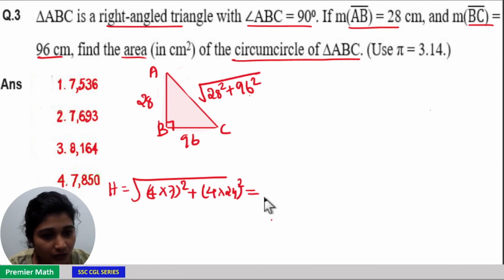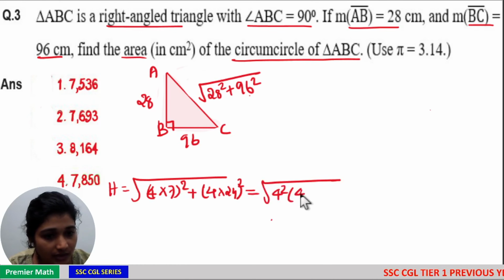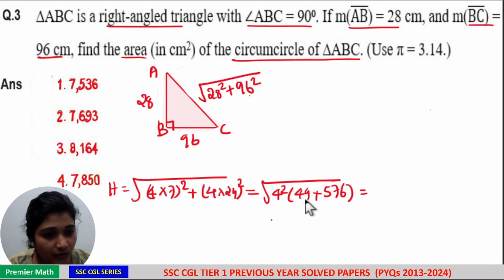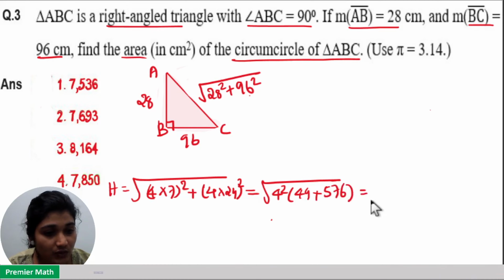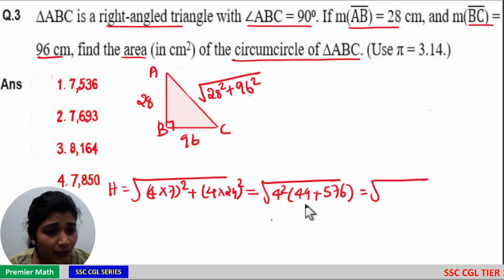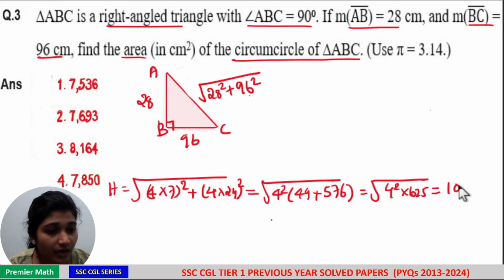So 4 square I can take as common. 4 square into 7 square is 49 and 24 square is equal to 576. Now 4 square into 49 plus 576 is equal to 625. 625 into 4 square means root of 4 square into 625 means 4 into 25, 100.